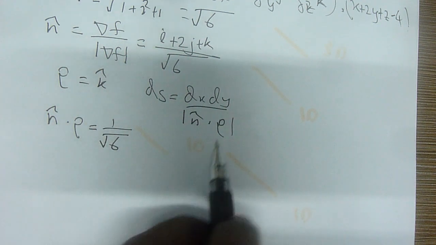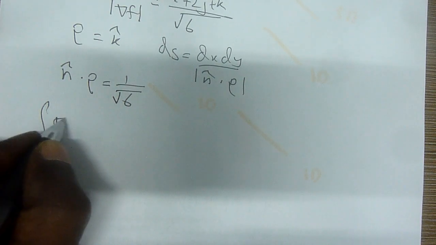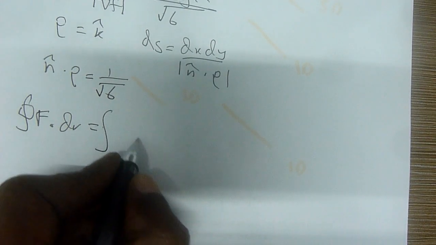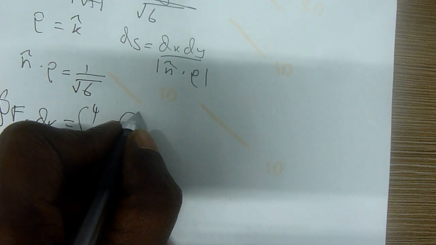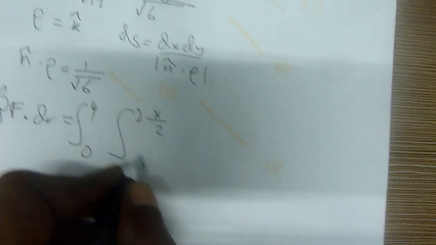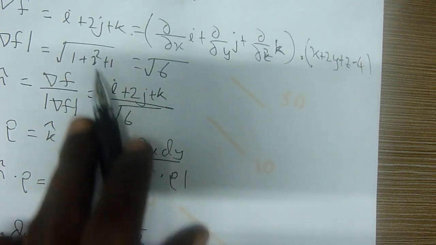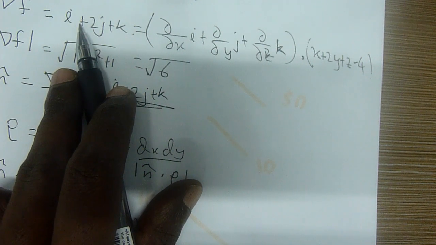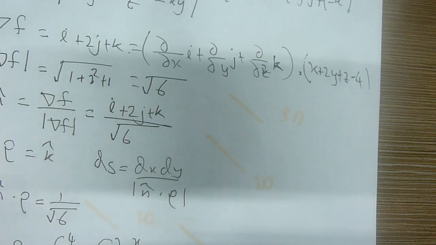Now you just substitute here. Can we just start work on the complete calculation here? The integral of F dot dr for the overall, you can start working on 4 to 0, 2 to x over 2, 0. I will explain to you this part later. We need to bring the whole F dot dr together.